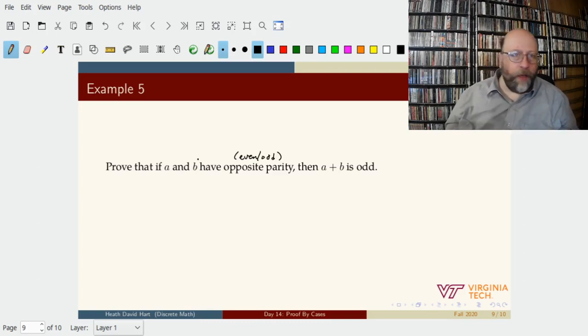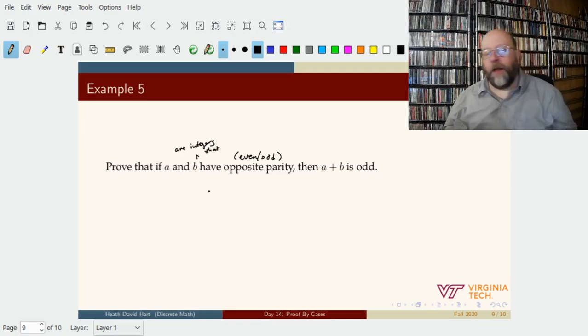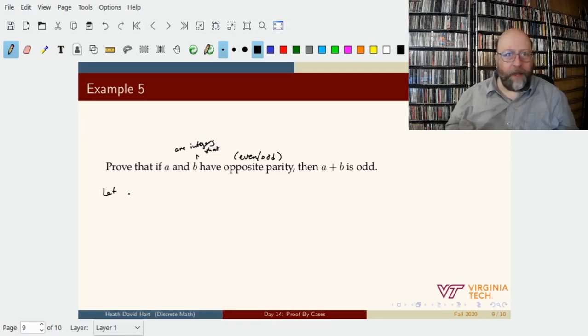So I should have put in here, let's prove that if A and B are integers that have opposite parity. Things that aren't integers don't have a parity, but I would like to be careful here. So the proof would begin with: let A and B be integers with opposite parities.